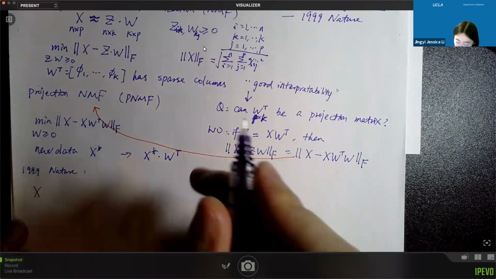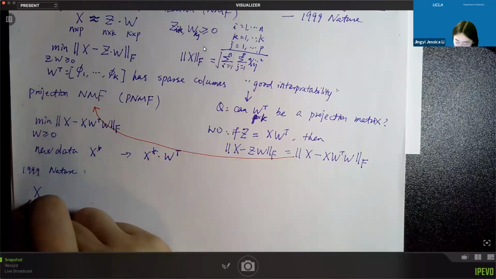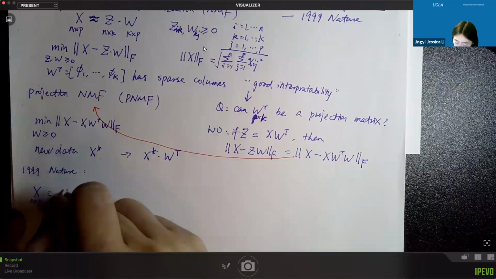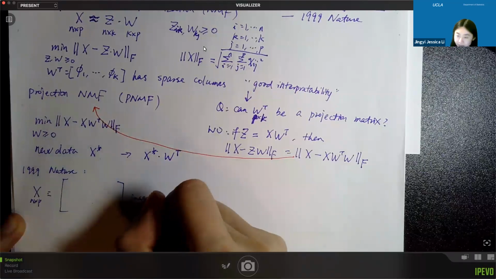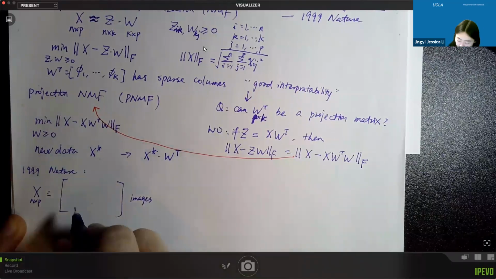So in that case, the matrix N by P corresponds to N images, and P pixels.